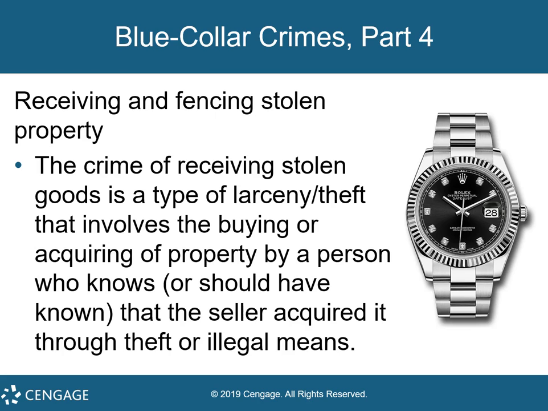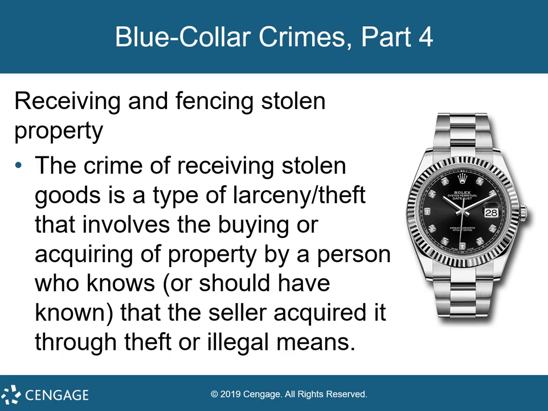Receiving stolen property. The crime of receiving stolen goods is a type of larceny or theft that involves the buying, acquiring, or possession of property by a person who knows or should have known that the seller acquired it through theft or some other illegal means. For receiving stolen property to be a crime, the receiver must know that the goods were stolen at the time they received them and must have the intent to aid the thief.